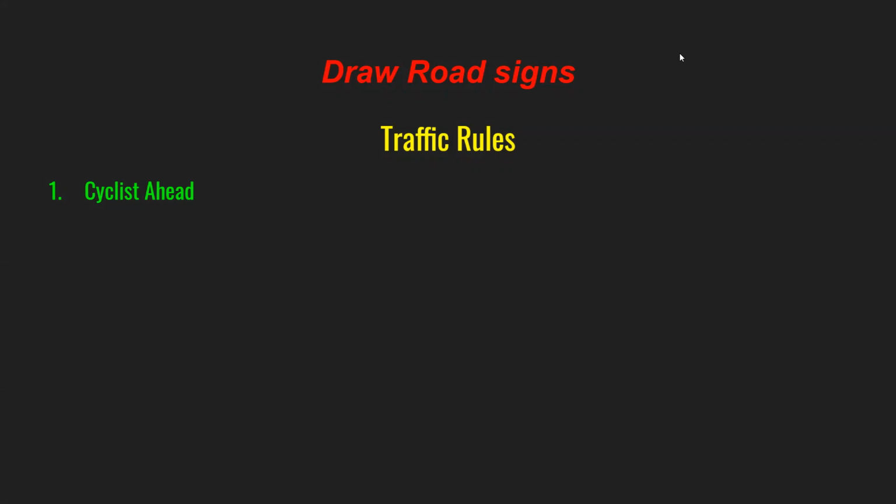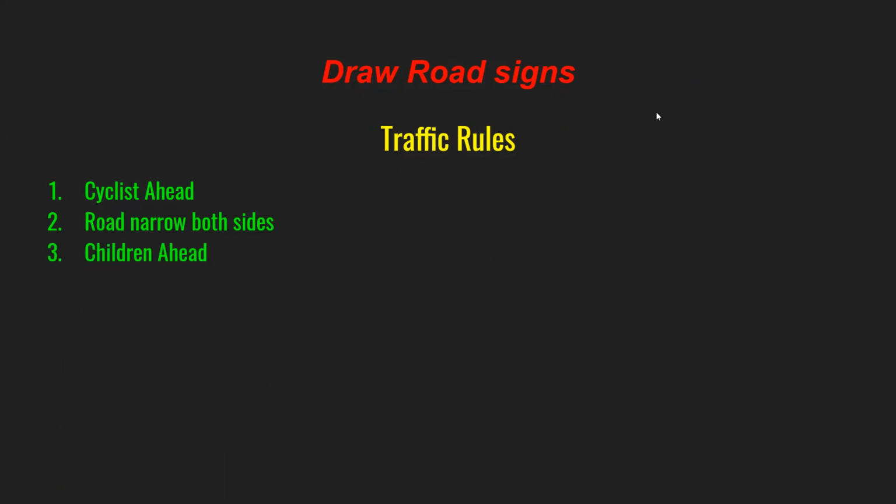You have to draw the road sign for it. What sign do you see on the road if there is a cyclist ahead? Number 2 is road narrow both sides. When construction or some road work is going on, or naturally some roads are narrow, which sign do you see?